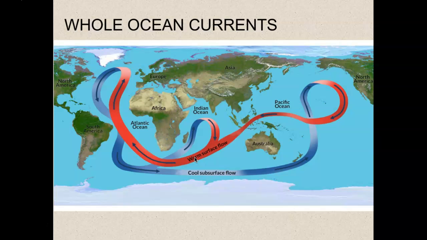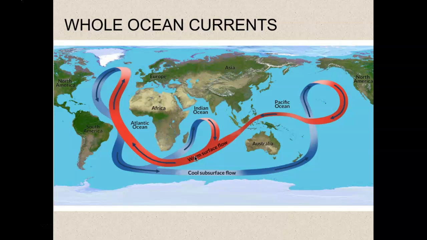This next one is thermohaline circulation. Thermohaline circulation means, thermo is about the temperature and haline is about the salinity. Cold saline water is very dense and heavy, and warm, less saline water is less dense.